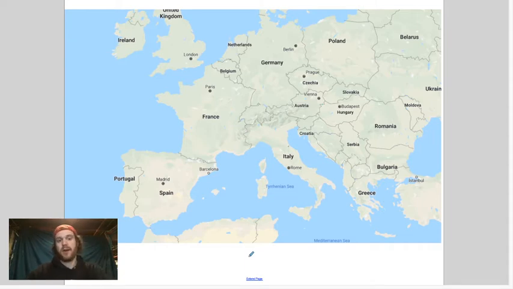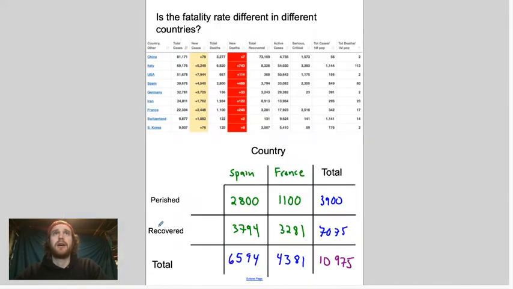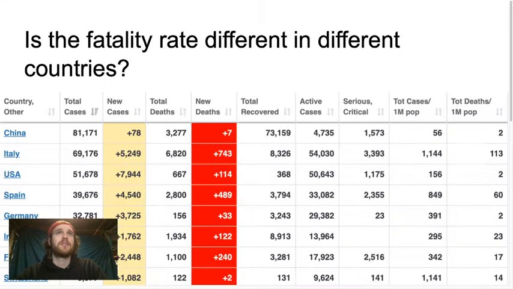We're all learning about pandemics and epidemiology and the spread of disease, so I figure we may as well talk about COVID-19 for our example. I've been checking the Worldometer website for updates, and I was looking at this data for the fatality rates in different countries.